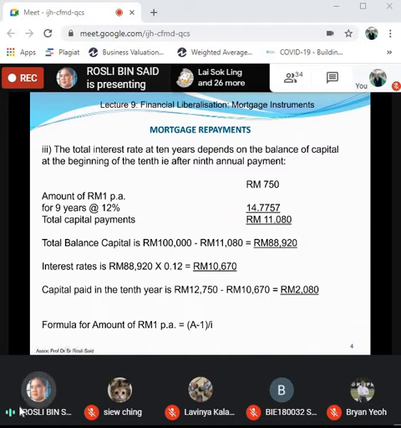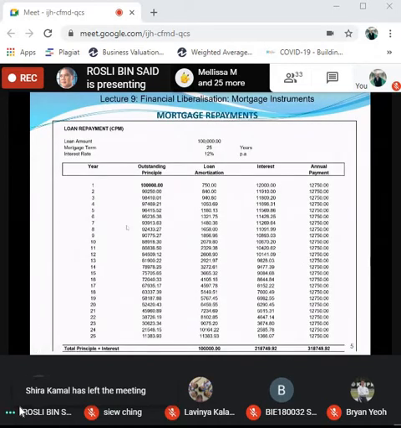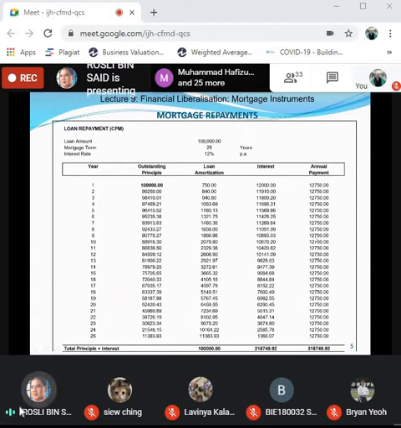So we have the figures here, 11,080, and then we have the interest here, 10,670, and then the capital we paid, 2,080. So now if you look at year 9, so we still pay 12,750.